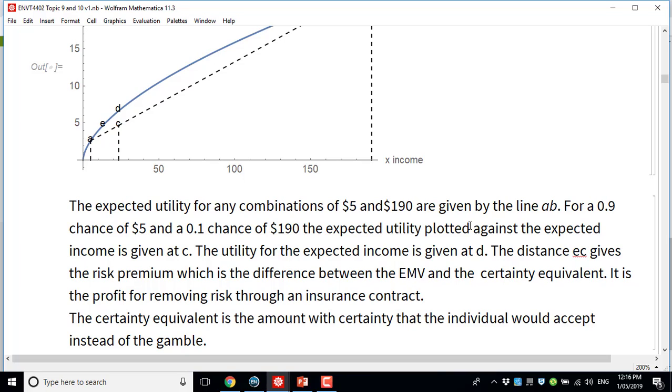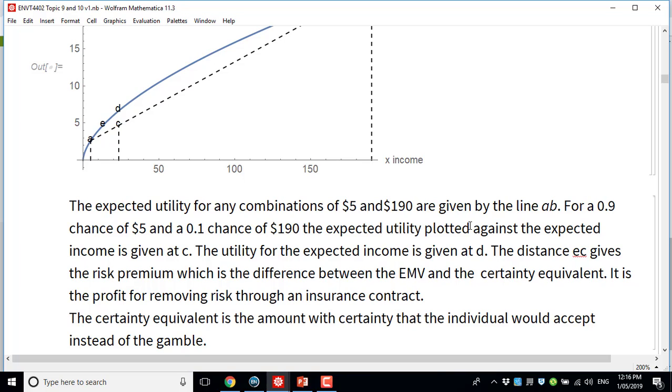And E is our certainty equivalent. So obviously, a risk averse individual is paying or valuing less of the lottery compared to a risk neutral individual.